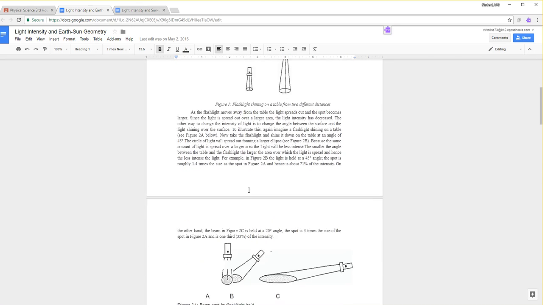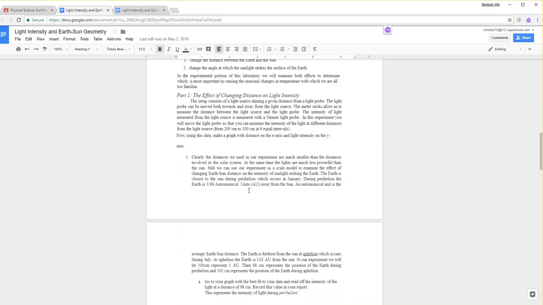The investigation plan is what you did on the two experiments. In part one here, you had a couple meter sticks, a vernier light probe, and a flashlight. And really in the investigation plan for part one, you're just going through what you did there.